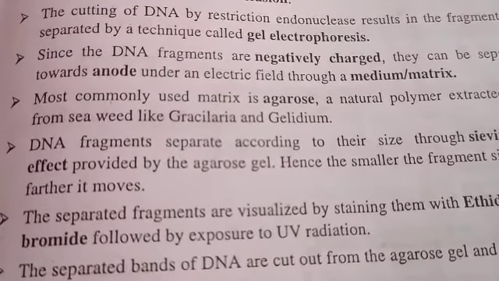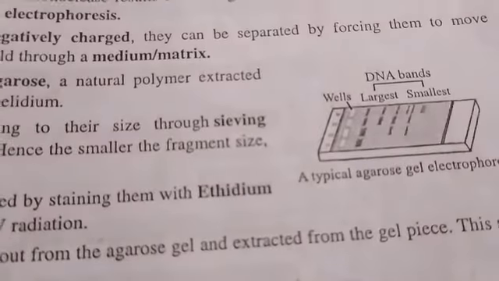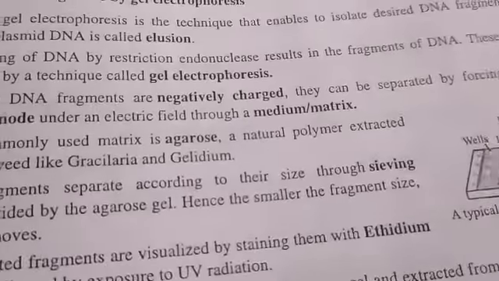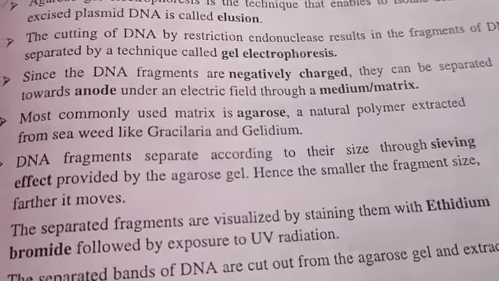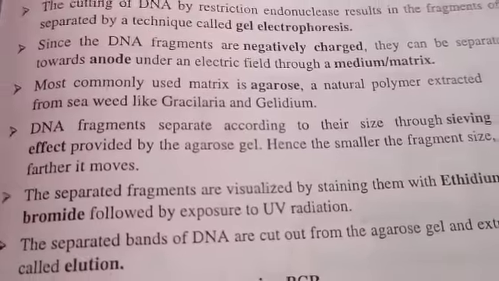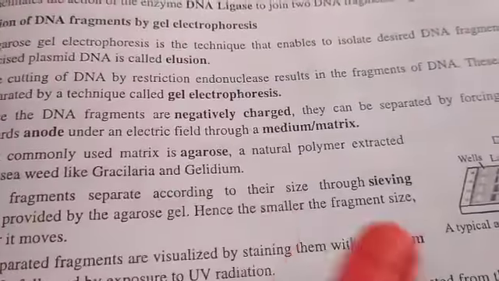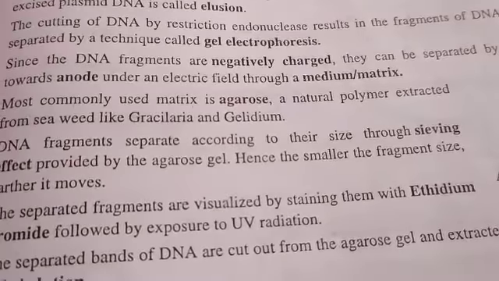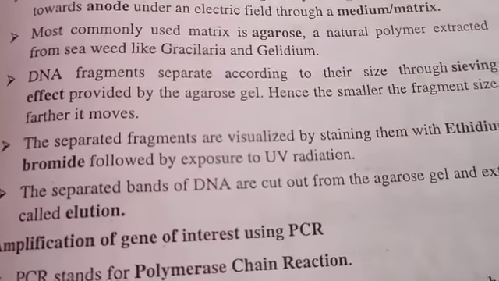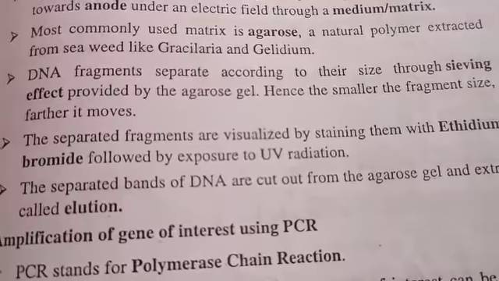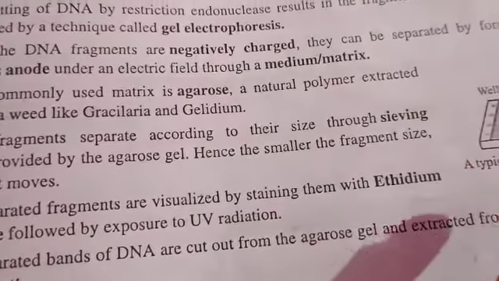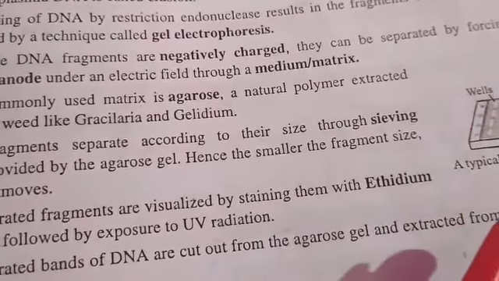The most commonly used matrix is agarose. Agarose gel is used as the medium, a natural polymer. DNA fragments separate according to their size. These DNA fragments are negatively charged. The separated fragments are visualized by staining, since DNA is colorless.